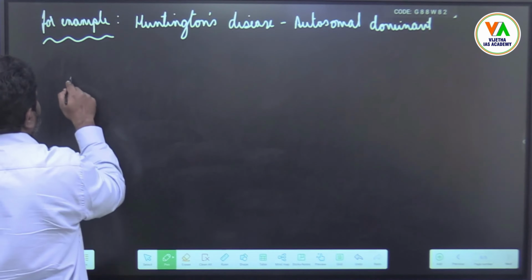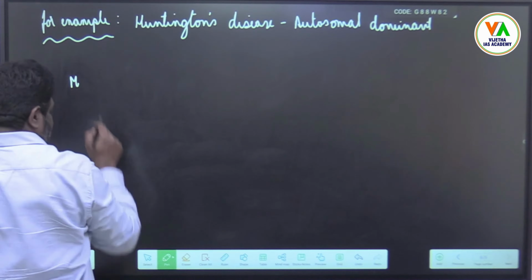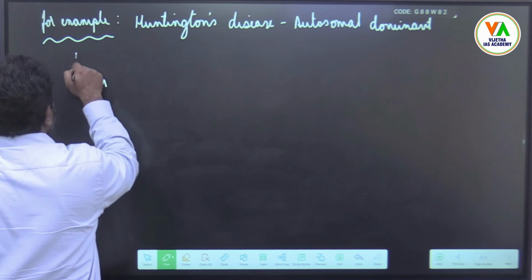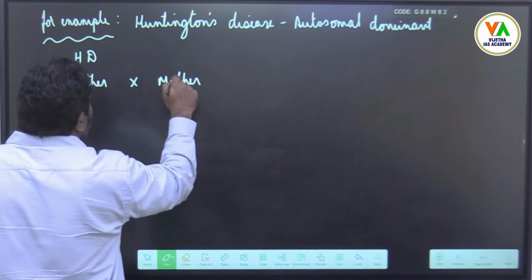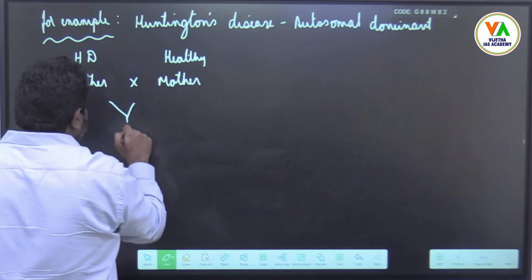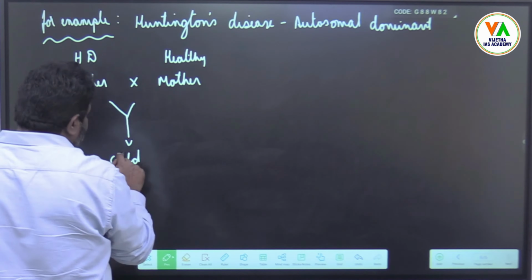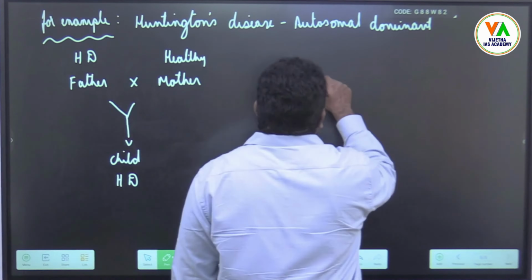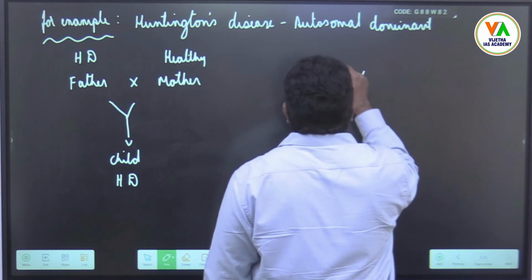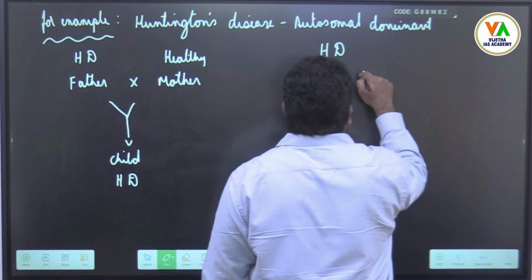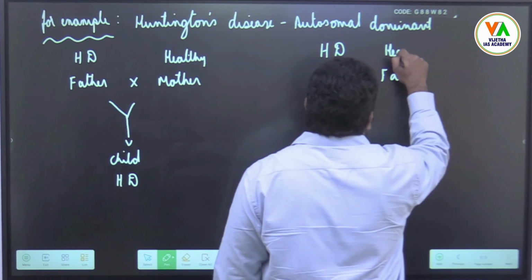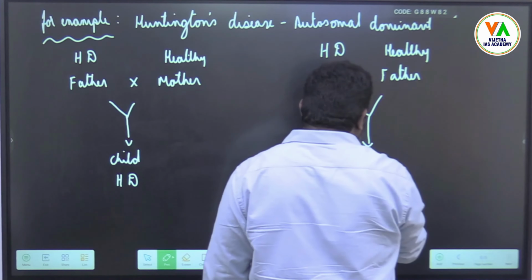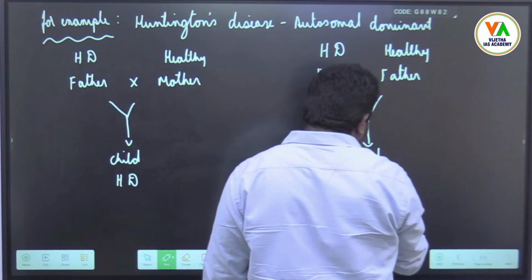Say for example, you take a male or father suffering from Huntington's disease and mother is healthy. Now offspring will suffer from Huntington's disease. Similarly, now mother suffering from Huntington's disease, father is healthy. In such case, you can see child who is suffering from Huntington's disease.